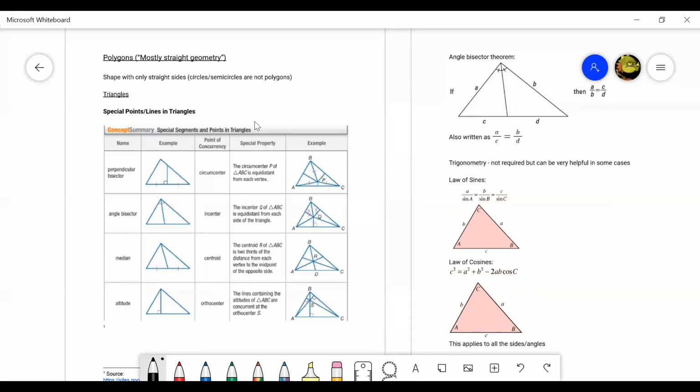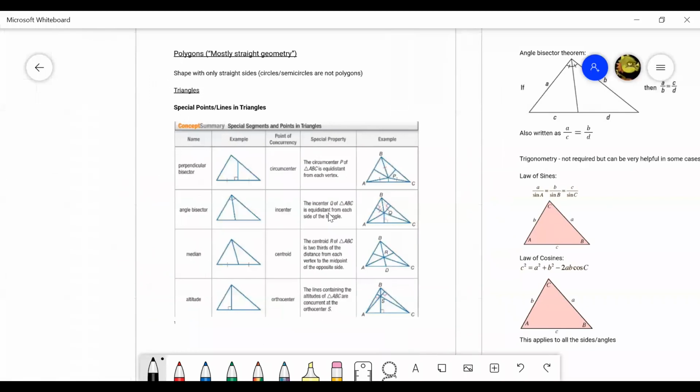This property exists because for any circle, if you draw a triangle inside and connect the radii to the vertices, the altitude from the center to the side length, or a chord of the circle, is going to pass through the midpoint because that triangle is isosceles.